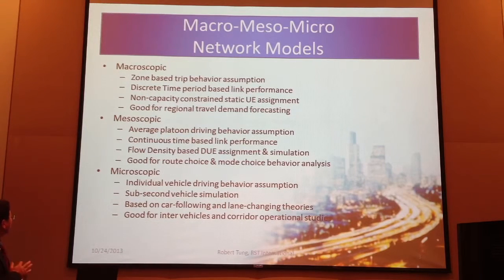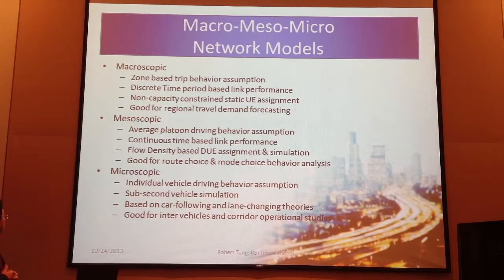And the mesoscopic also searches for user equilibrium, but it's a dynamic user equilibrium. It's based on the traffic link flow density relationship, to search for the dynamic user equilibrium.